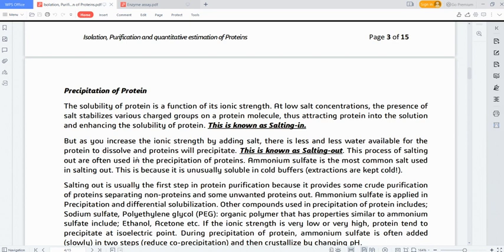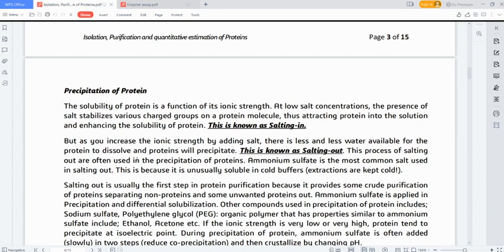And this is what we call salting out. So in salting out, you increase the concentration of the salt and you add it little by little. Now, this process of salting out is often used in precipitation of protein.